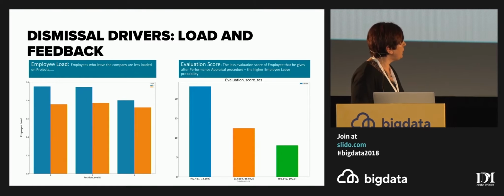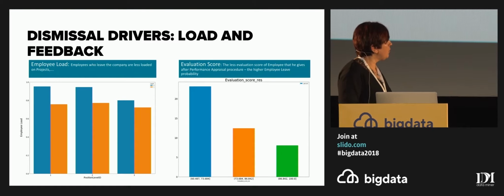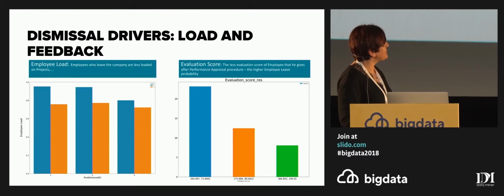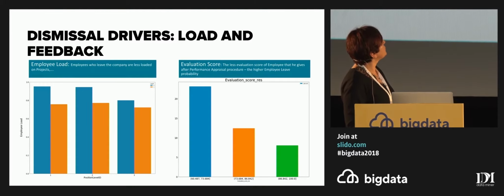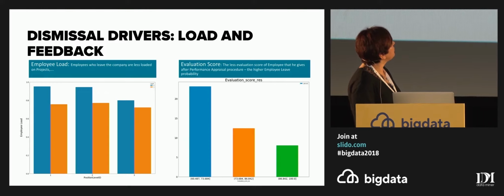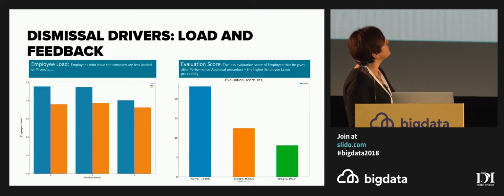But if an employee gets a low evaluation score, less than 74%, the dismissal risk increases from about 7% to more than 25%.